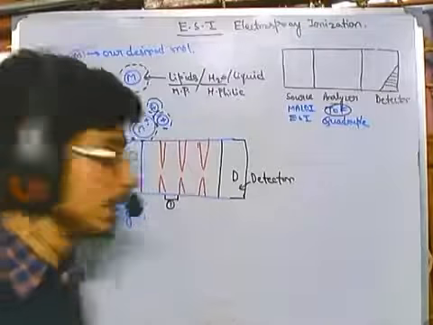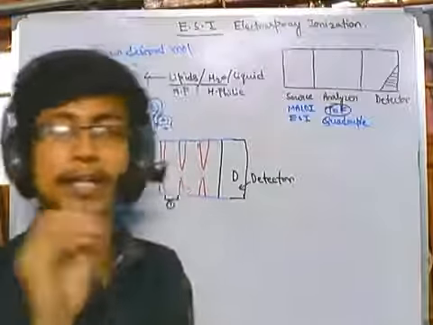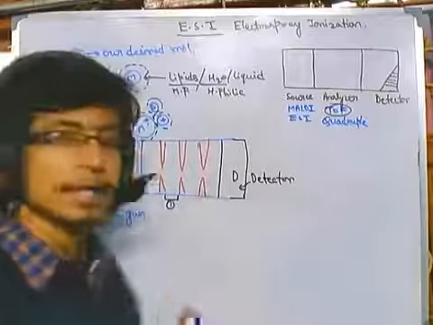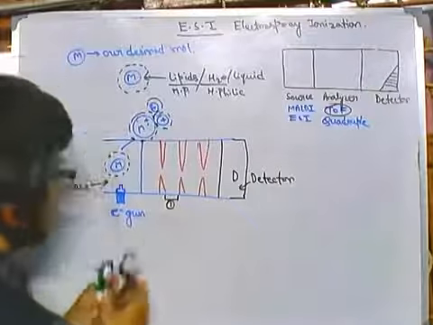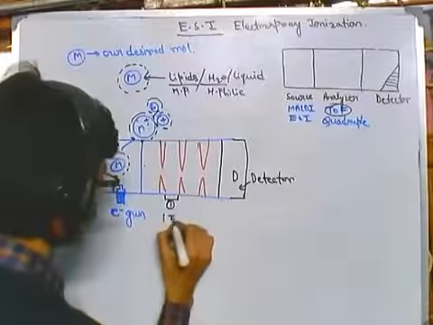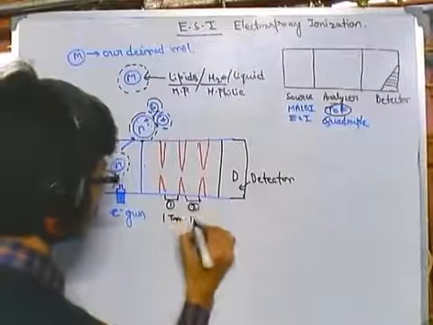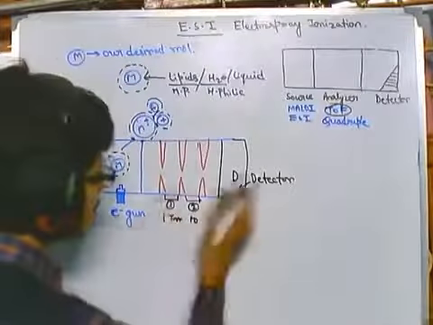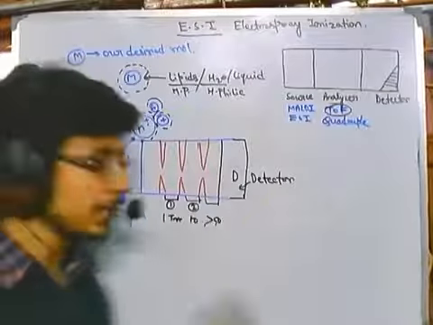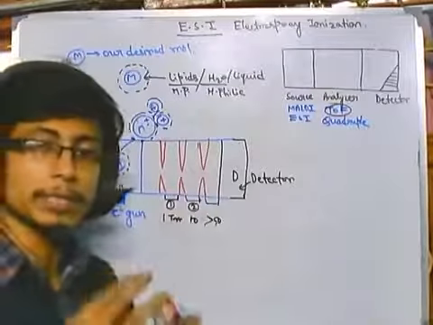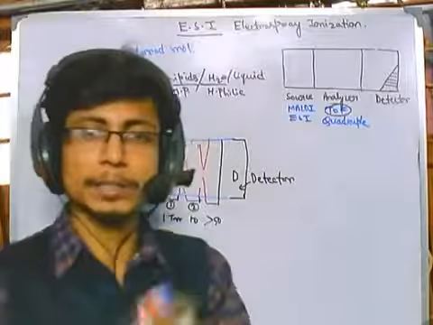Remember I've talked about chemical ionization being possible using methane or ammonia. Now let's say here the pressure is 1 torr. In the second chamber the pressure is, say, 10 torr, and in the third chamber the pressure is, say, greater than 50 torr. So we are increasing the pressure, and obviously we are heating the analyzer.